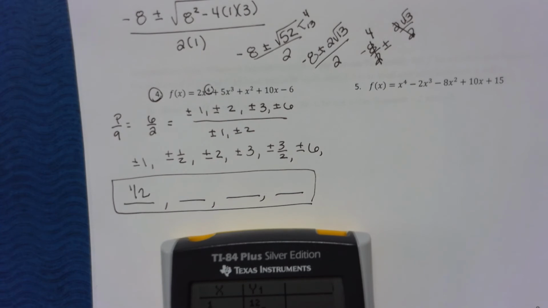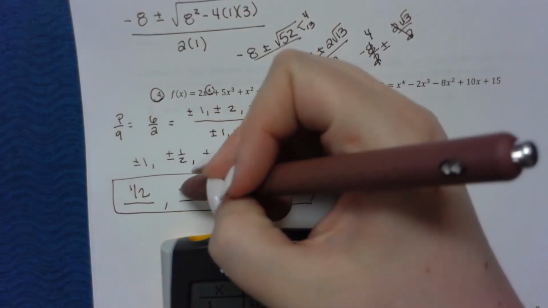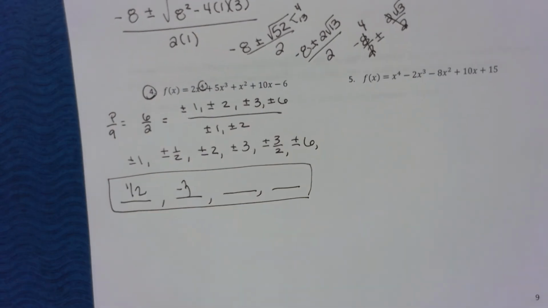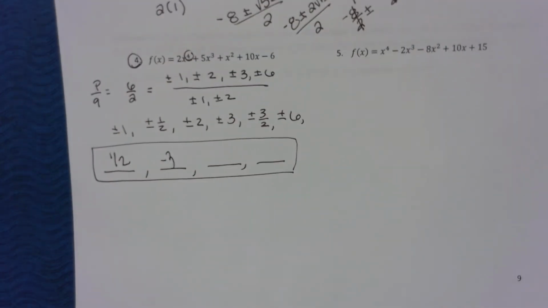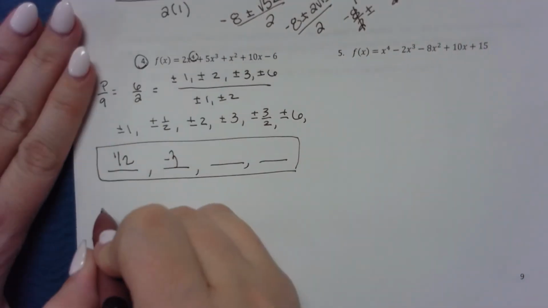Let's try negative 1/2. Negative 3 worked. Okay, so now that I got 2 of them, I have enough that I can start doing synthetic division. So let's do negative 3 first.